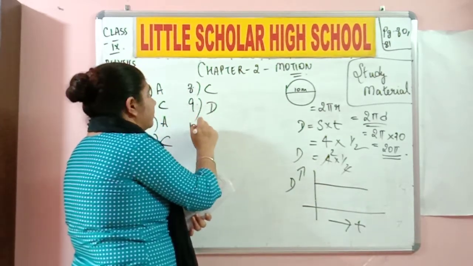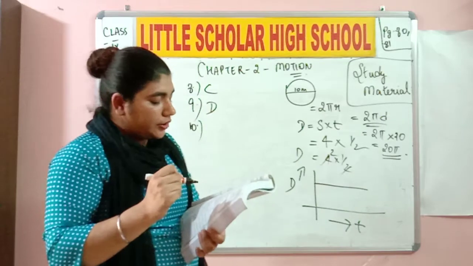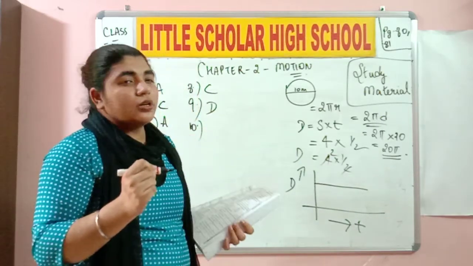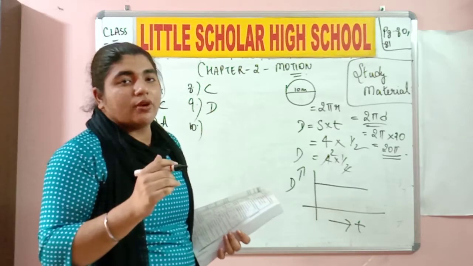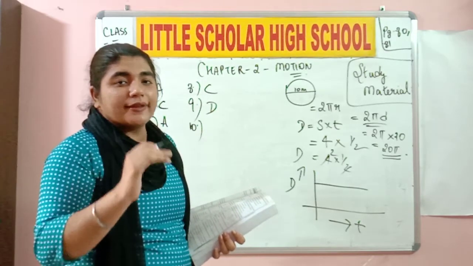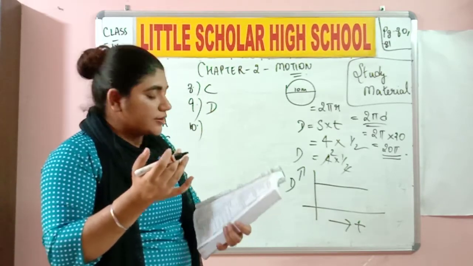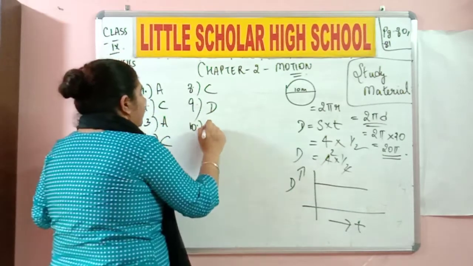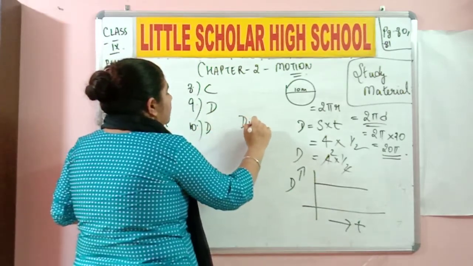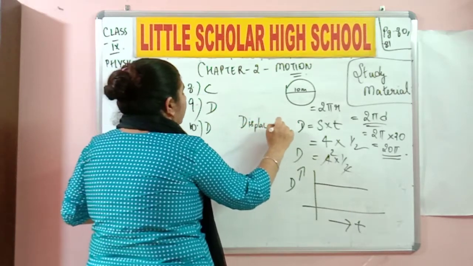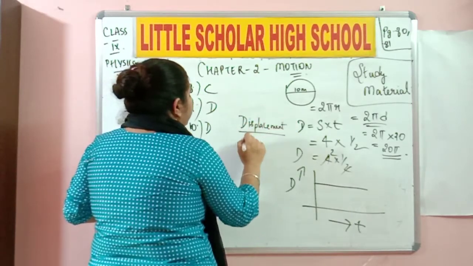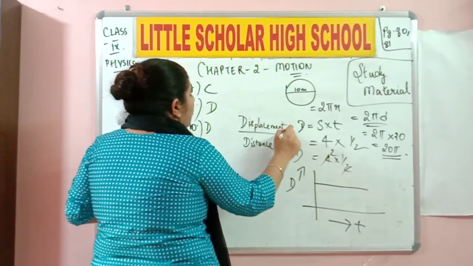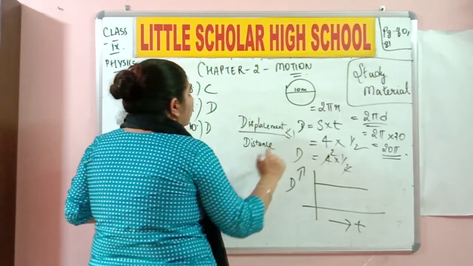So, 10th one. The numerical ratio of displacement to distance for a moving object. Displacement is the shortest distance traveled. So it is always going to be lesser than or equal to distance. Do you understand? So 10th one is going to be D. Displacement divided by distance, that is what they are talking about, is going to be less than or equal to 1.